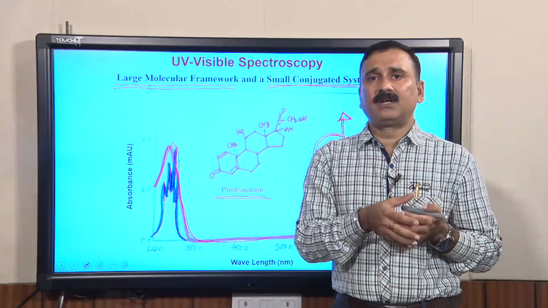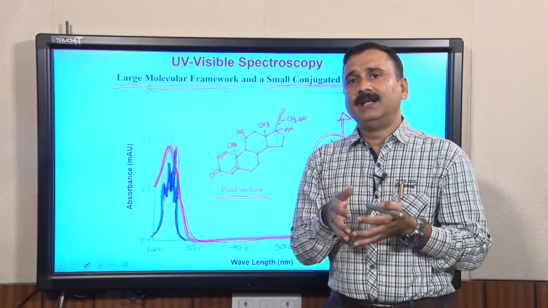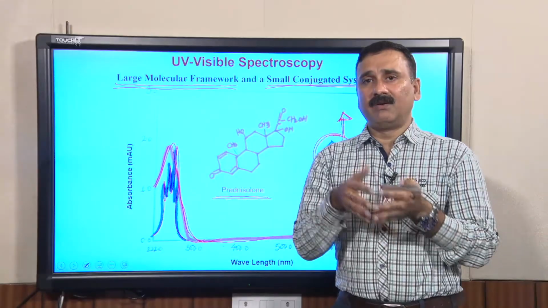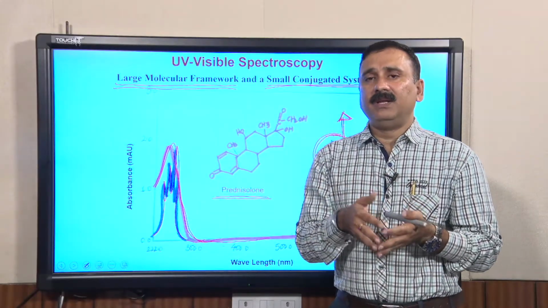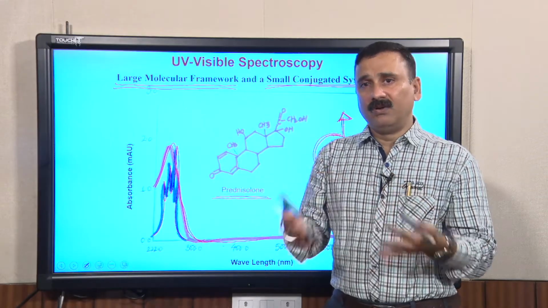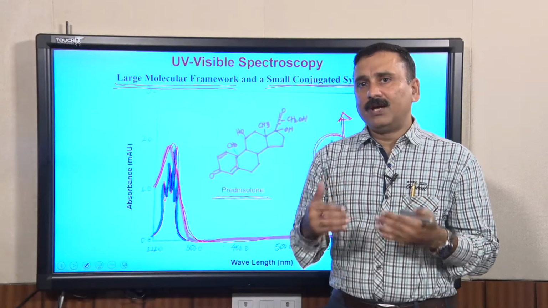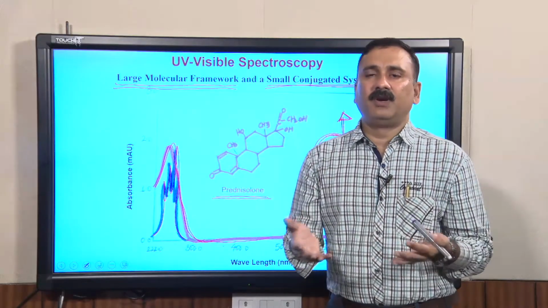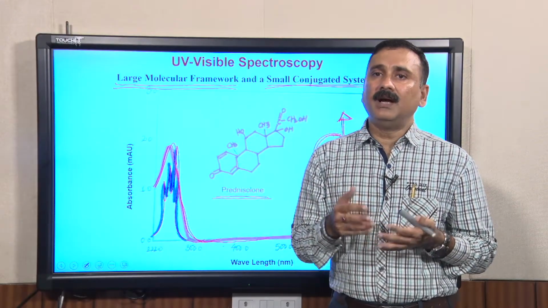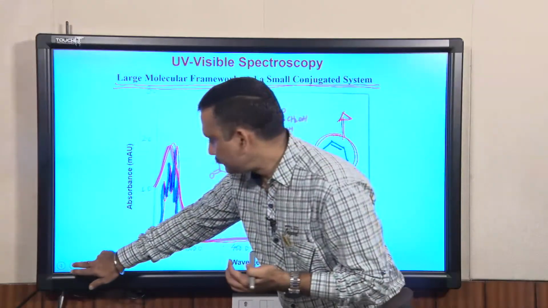That could be an indication that the molecule is being derivatized or changed, and it might be the right molecule you are looking for. With this we would like to move on and discuss the next spectroscopy technique, called IR spectroscopy.